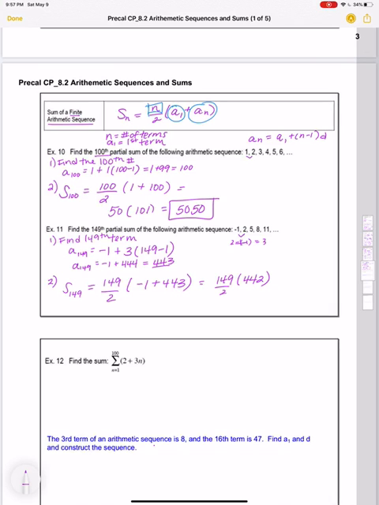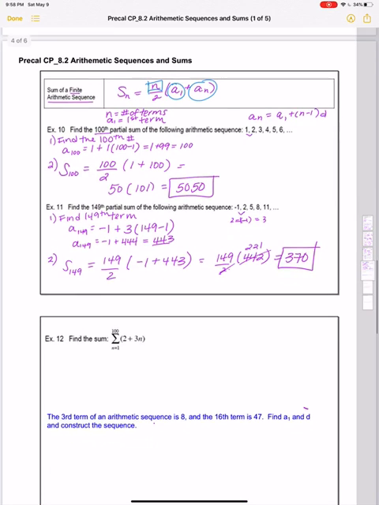So let's do this. 442 divided by 2 is 221. I'm just dividing 2 into this because it's easier, because it's even. So 221 times 149, and I get 32,929. Wow, that is the sum. I'm glad I didn't have to do that by hand.